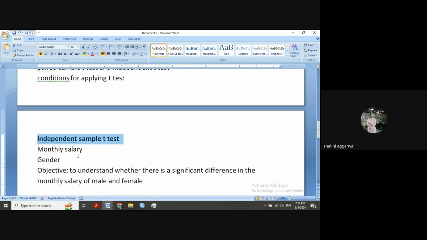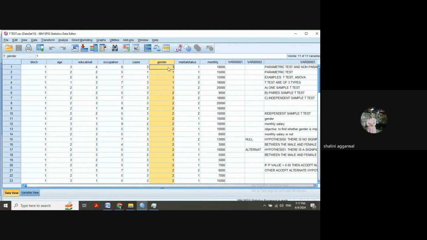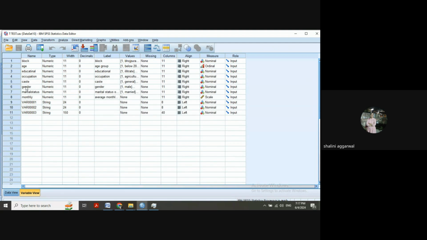Again, let's take 2 variables, monthly salary and gender. Gender is male and female, and monthly salary can be anything like this. I have already shown you, but let me show you once again. Let's say this is gender. We have taken 2 variables in this. First of all, you know that you have to define the variable, that is gender here and the monthly salary.